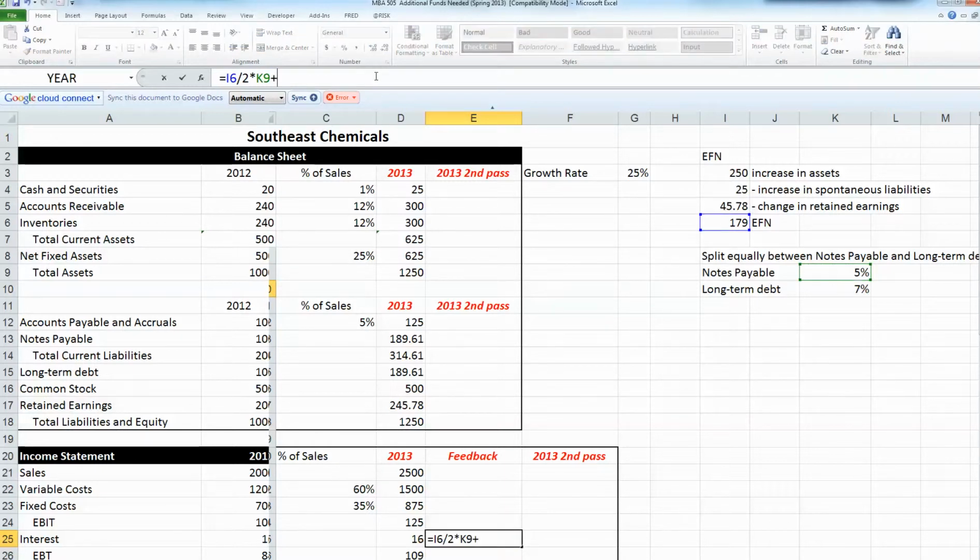I also, though, have half of this 179 coming from long-term debt, and that has a 7% rate. And just so I feel better, I'm going to group these with parentheses. I think I'm okay in terms of order of operation, but I'll just make sure I am. So I'm saying take the notes payable times its rate plus long-term debt times its rate, then add them together.